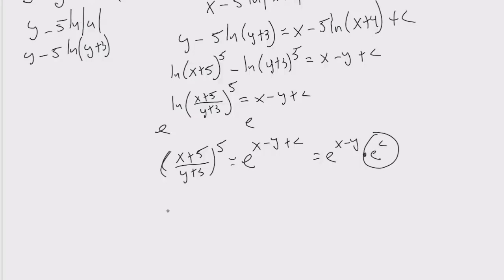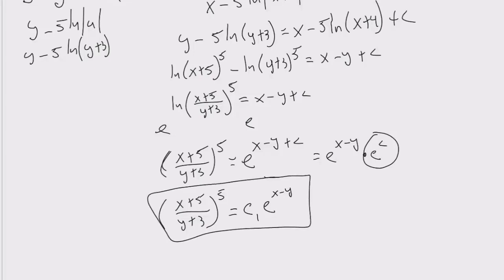So (x plus 4) over (y plus 3) to the 5th equals C1, just some form of C, some constant given some initial conditions, times e to the x minus y. Okay, now I'm going to identify this. I worked really hard to get that nice pretty answer there.